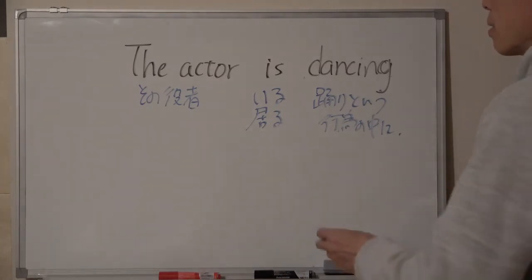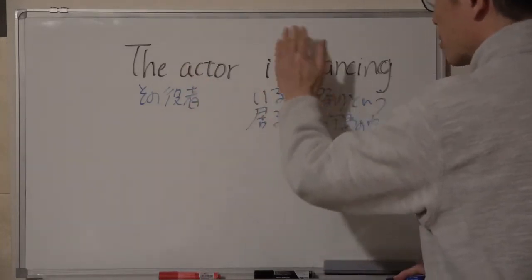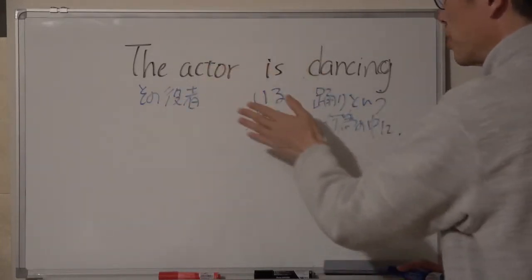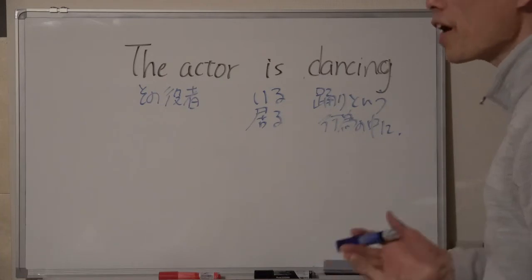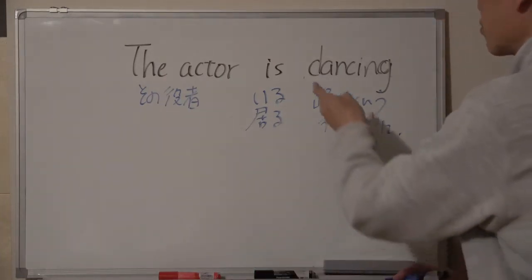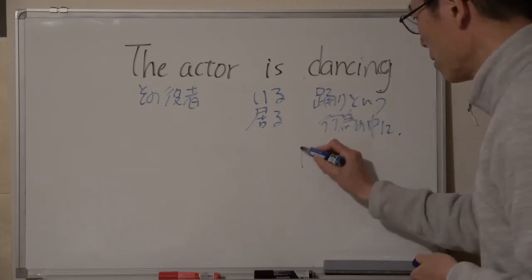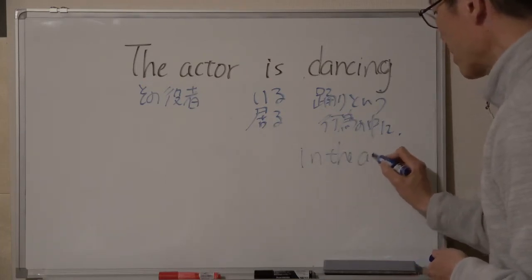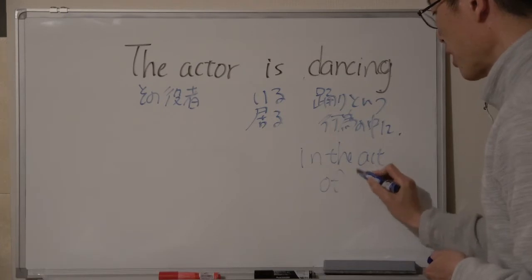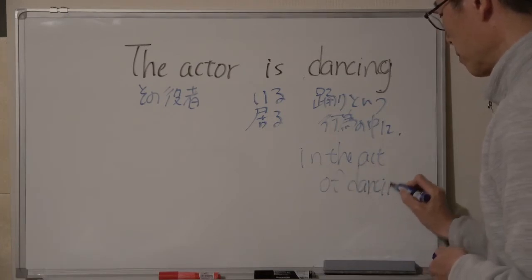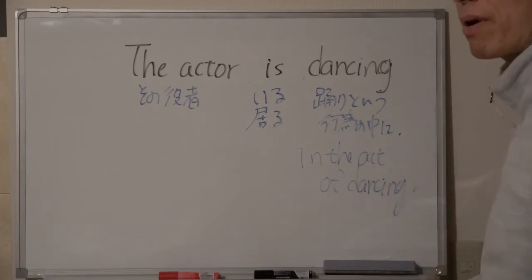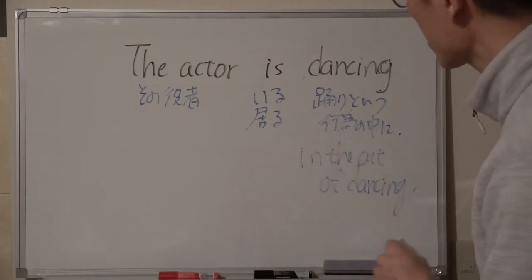So, the actor is その役者はいるんです。is where? どこに dancing 踊りという行為の中に. In the act of dancing. Right, this is what it means.